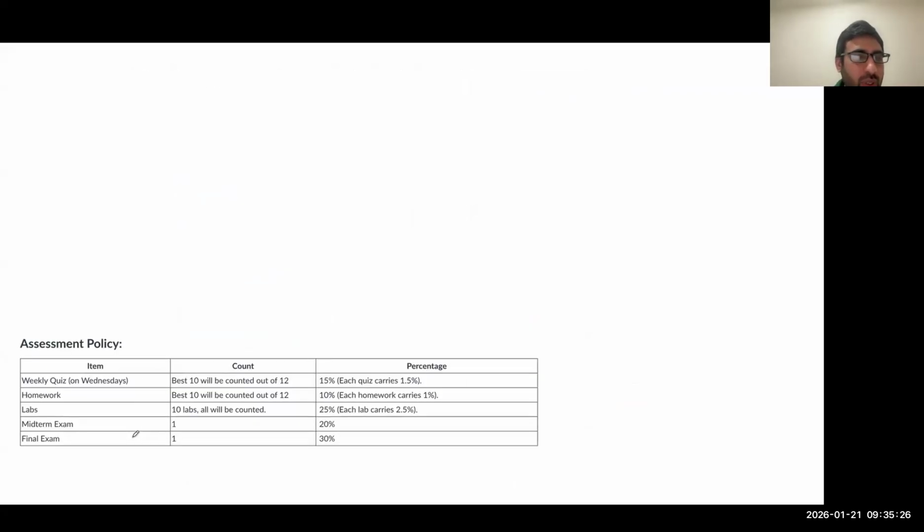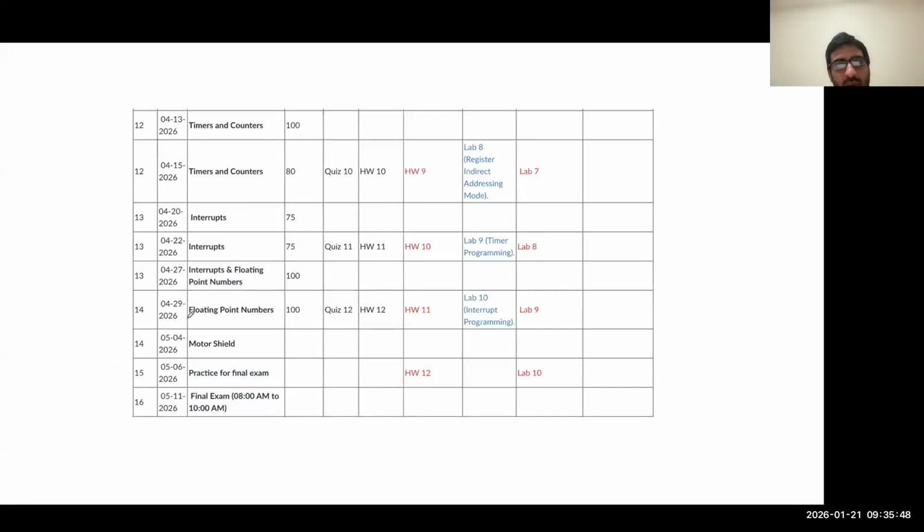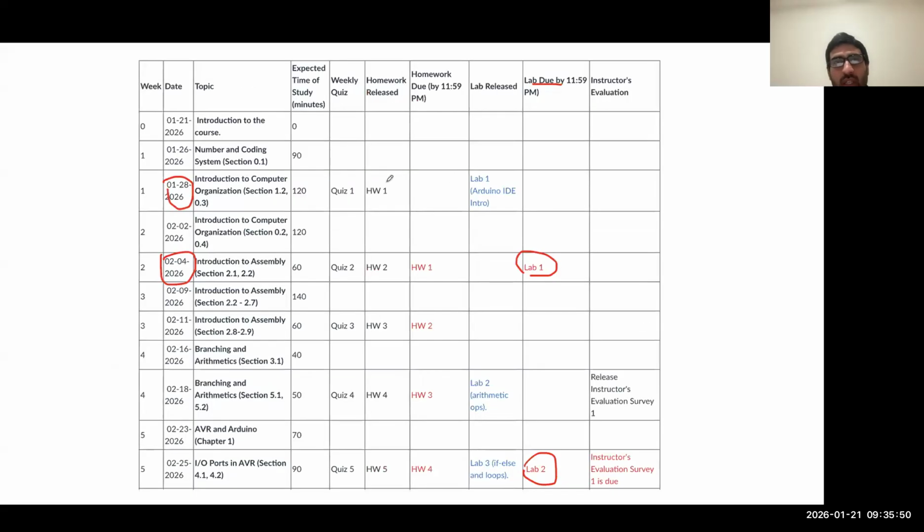Okay, assessment policy. We will have 5 different assessment items: weekly quizzes, homework, labs, midterm exam, and the final exam. The weekly quizzes will be on Wednesdays, and you can check the dates in this table.